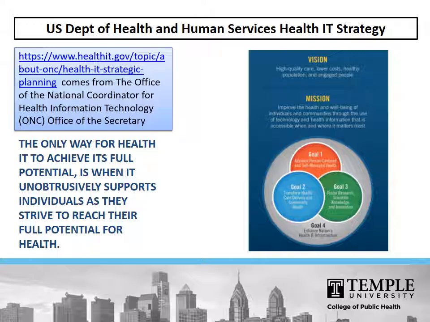And you can see here the vision and the mission with goals from Health and Human Services. And so a lot of this dictates what Medicare and Medicaid services have to do, and also health systems, whether they are for-profit or not for-profit, academic medical centers, or community hospitals.